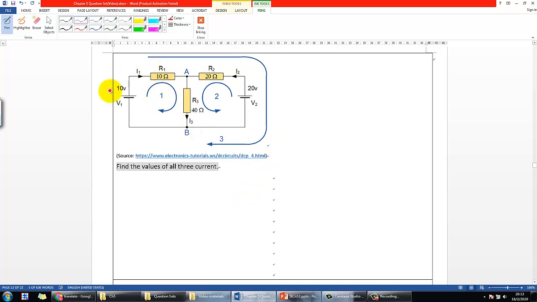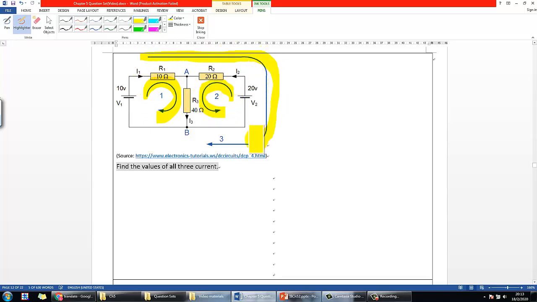So here is a diagram of the circuit, and I am being very kind in that I already defined the direction for you, so you don't have to worry about it. This is loop 1, this is loop 2, and this is loop 3. We already defined the direction of current.